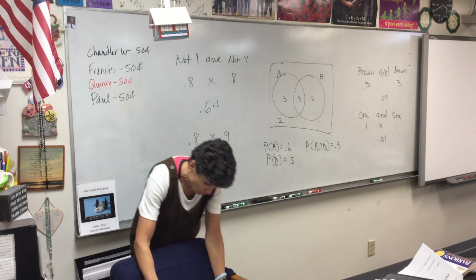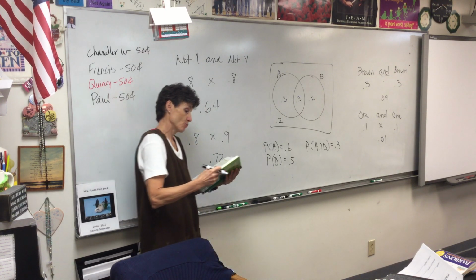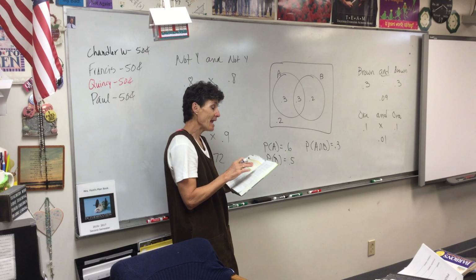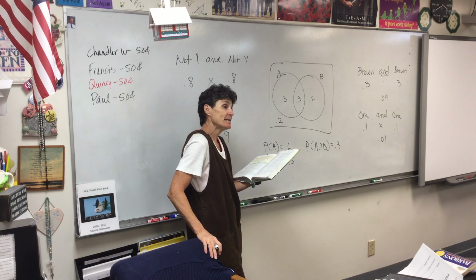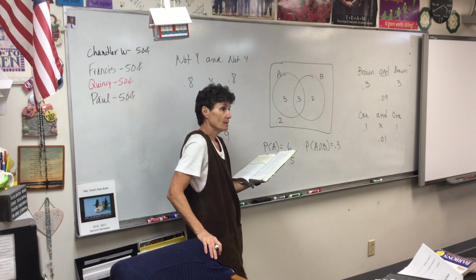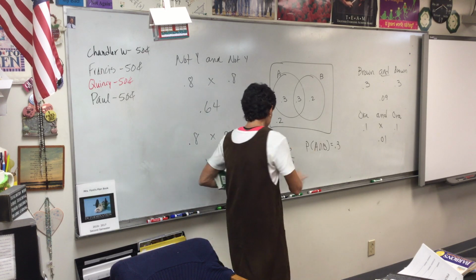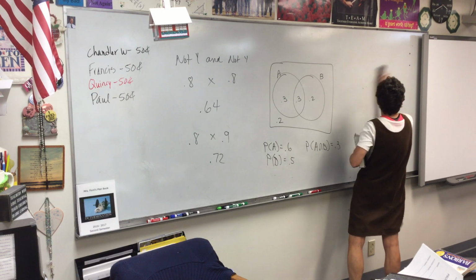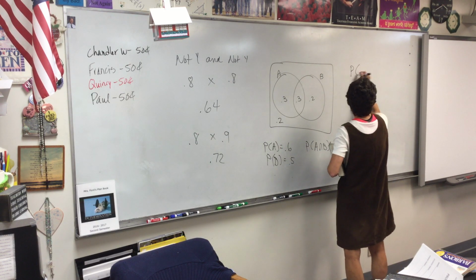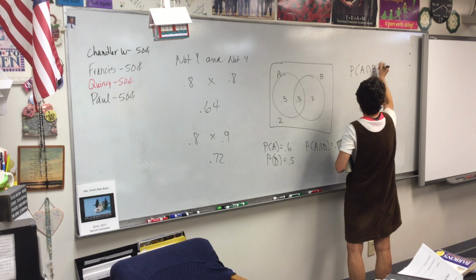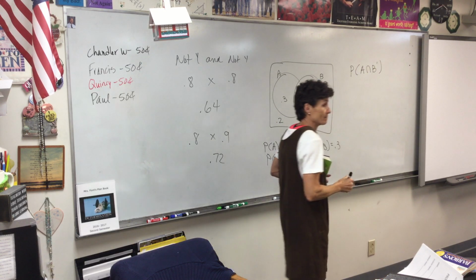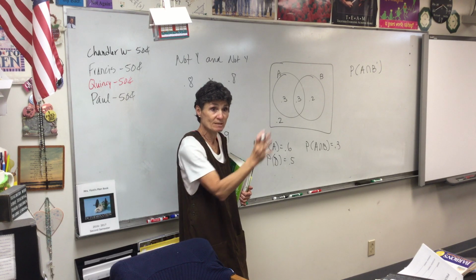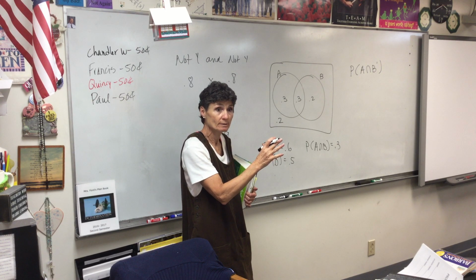So now we can answer the questions. Draw a Venn diagram, we got it. Find the probability that A occurs, but B does not. 0.3. Now, using the official notation that we talked about the first day of this unit, the probability that A occurs and B does not would be this. That's A and not B. Does everybody understand that in terms of the notation that we used before?